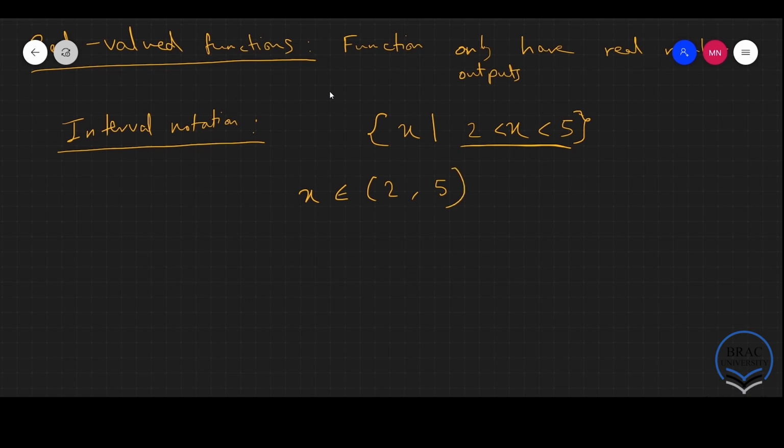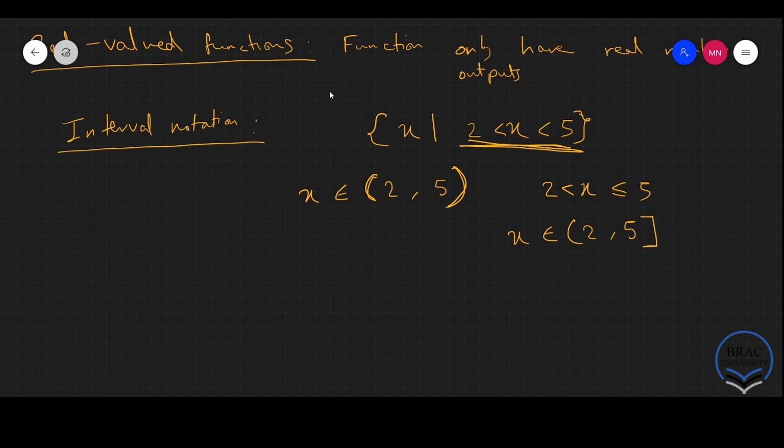Since 2 and 5 are not included in the interval, since we only have a less than sign, it's not less than or equal to, then we use parentheses to denote this, right? If, however, we had x is less than or equal to 5, but greater than 2, then in that case, we can represent this as x belonging to the interval 2, comma, 5, but we represent this with a square bracket or a box bracket.